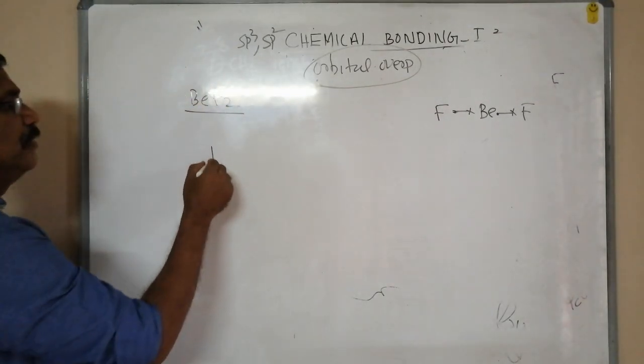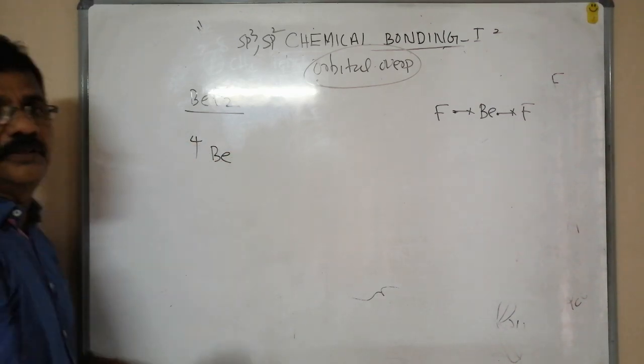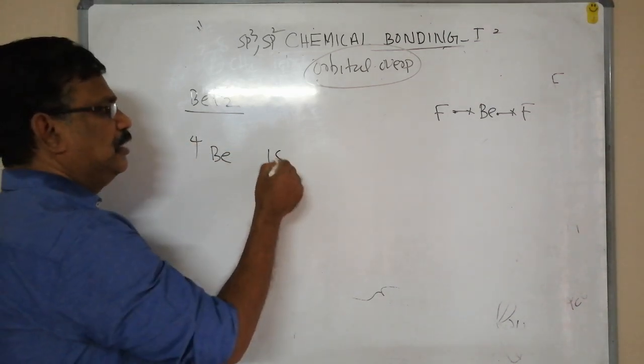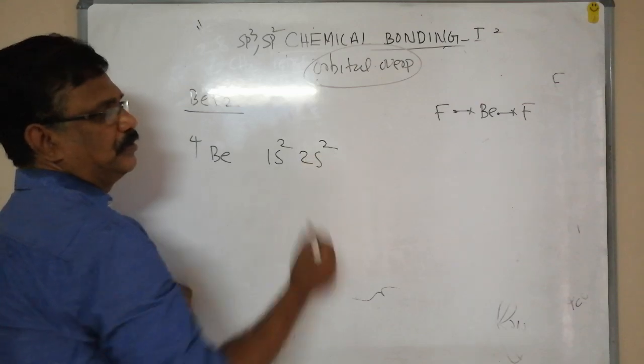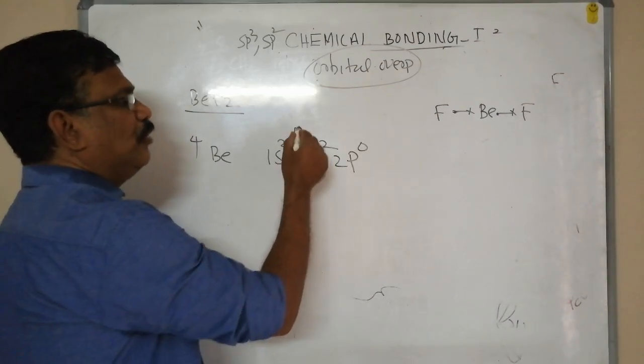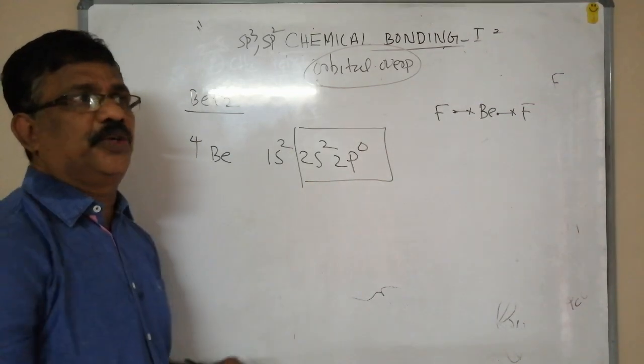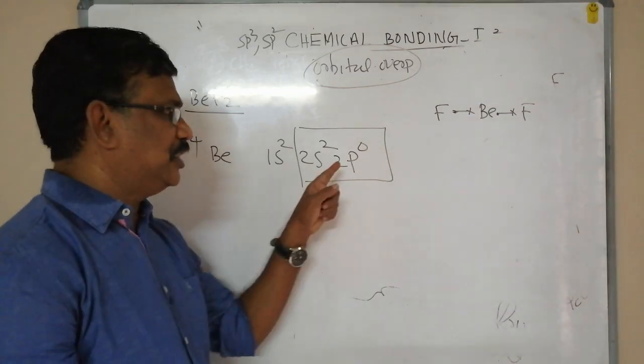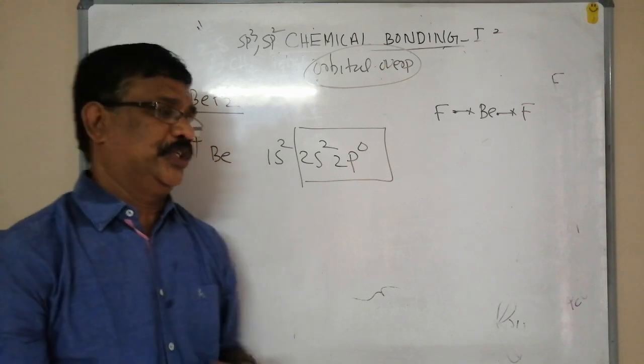Beryllium, atomic number 4, configuration 1s2, 2s2 and 2p0, and this is the outermost shell, 2s2, 2p0. We have to expand the valency, that is why I showed the 2p orbital also.